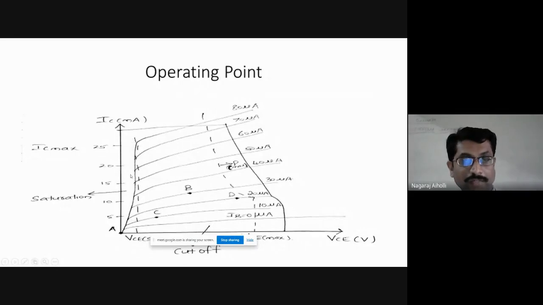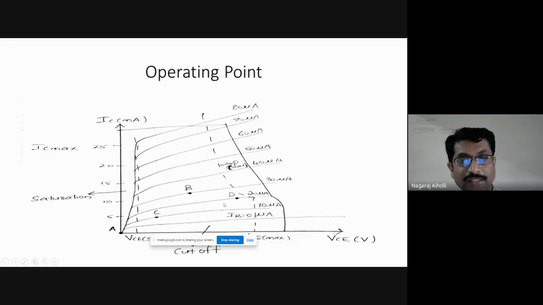Maximum current is obtained behind this VCE saturation. Now, in between the saturation region and the cutoff region is the active region. So this is the region for saturation, this is the region for cutoff, and in between these two, the middle portion that you are seeing is called the active region or the linear region.